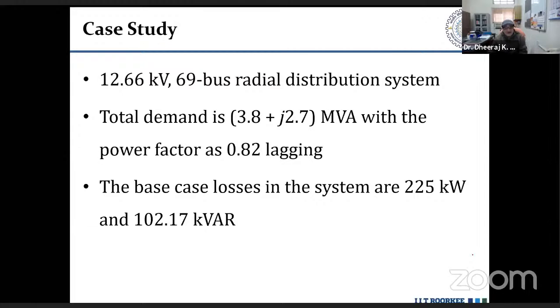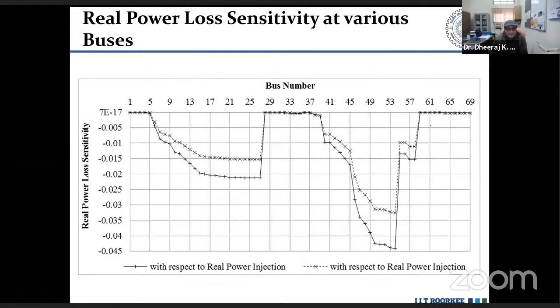Again, we tested this on a 69 bus radial distribution network. First we identified a few buses, because it is not possible to consider all 69 buses. So we performed sensitivity analysis. Here we have different buses, and here we have real power loss sensitivity.